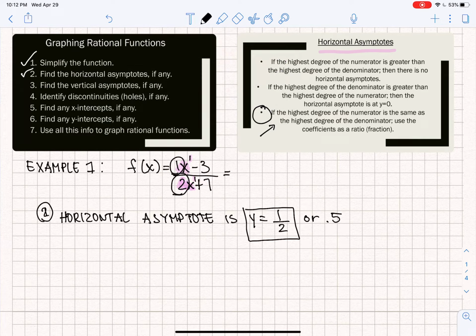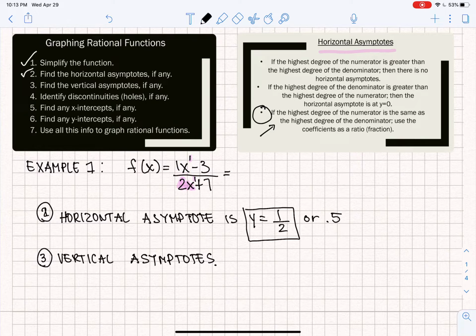Part 3, we need to find the vertical asymptotes. To find the vertical asymptotes, we have to set our denominator equal to 0. This is our original function, correct?